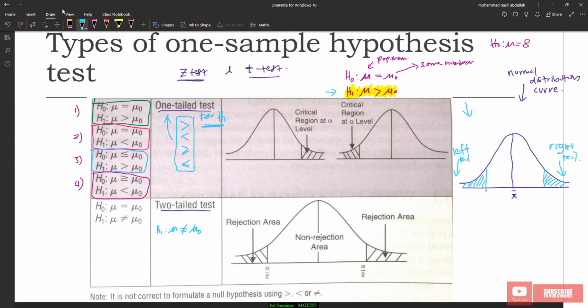Yang I highlight ni, region lah. This is the region ataupun what we call as rejection region. Right? This is also a rejection region. And this is what we call as acceptance region. Okay. I know this is hard, but if you have a question right now, please raise it now.